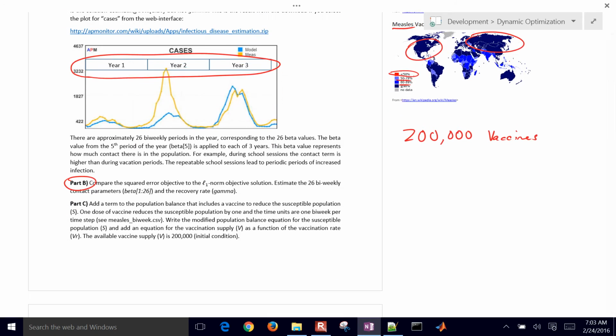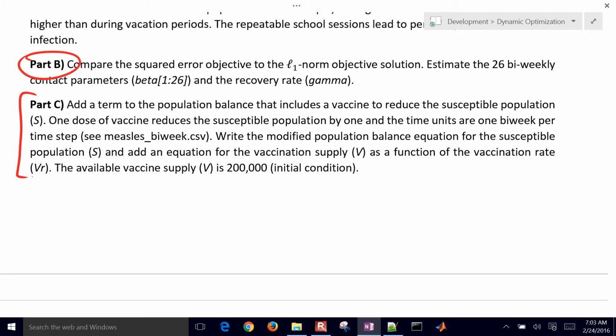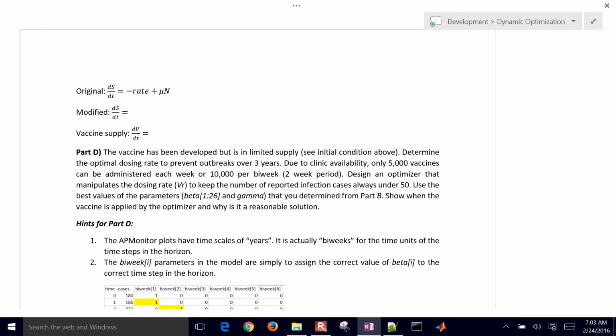In part C, we're going to add some parts to our equations that help us model the addition of a vaccine, and then in part D, we're going to try to optimize that.